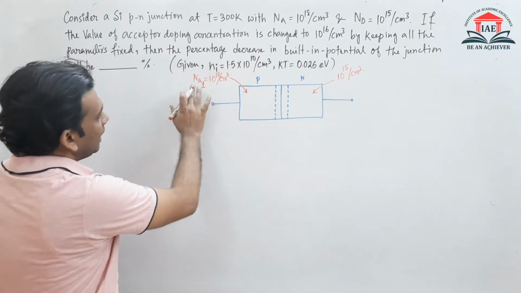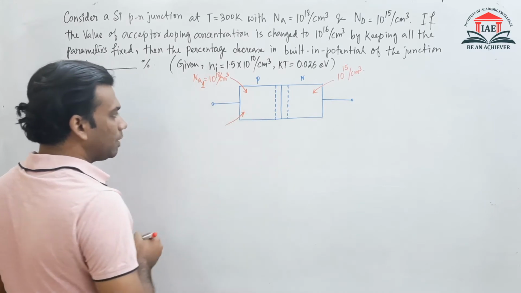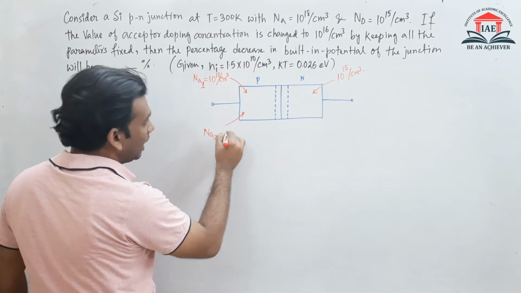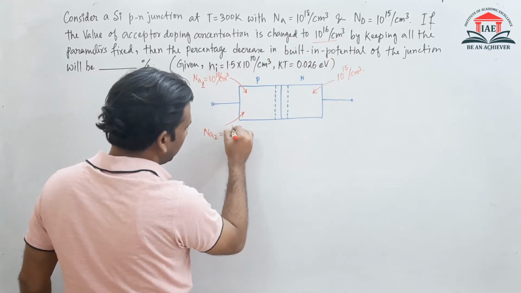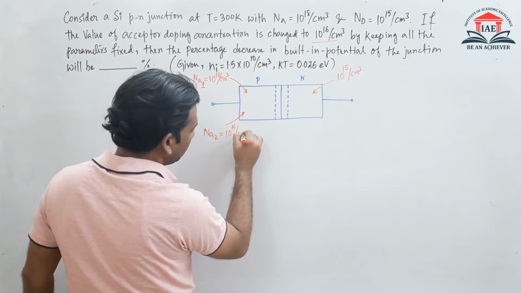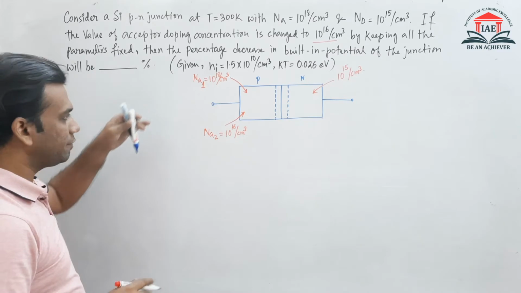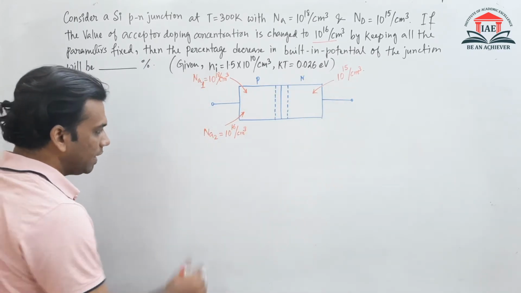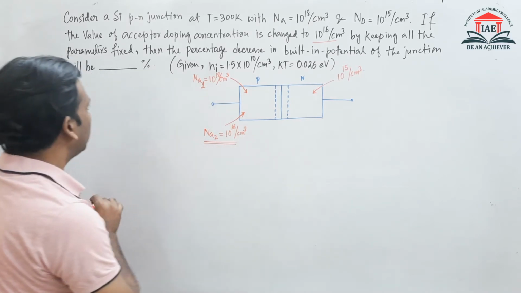Now I changed Na1 and put a new acceptor doping concentration, that is Na2, and the value of Na2 is 10 to the power 16 per centimeter cube. By keeping all the other parameters fixed, I only changed the acceptor doping concentration.